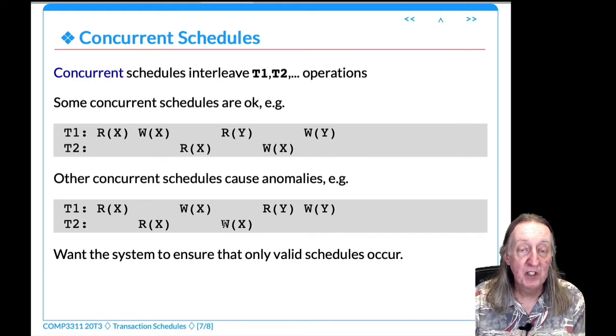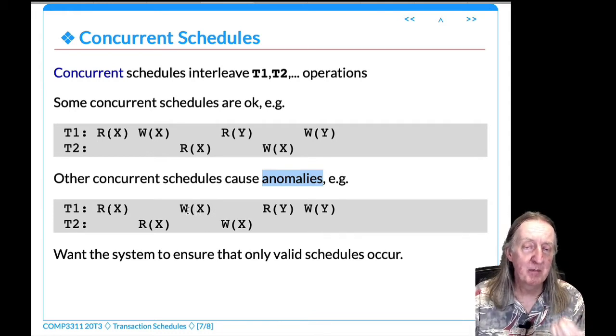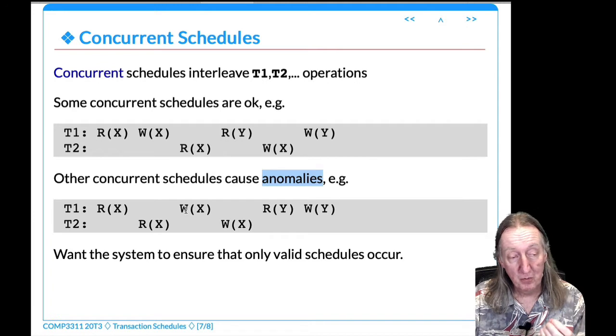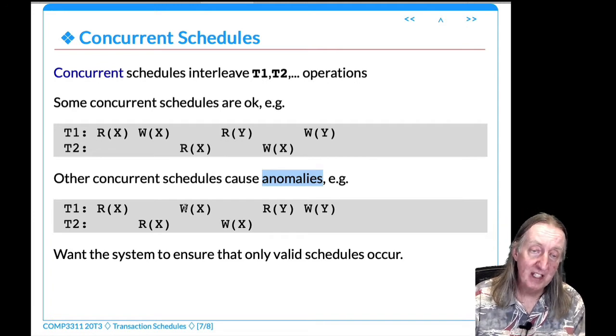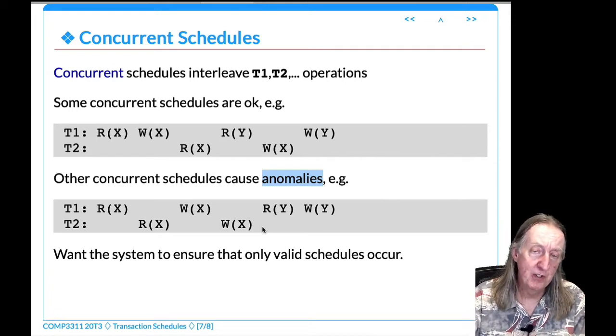However, there are orders in which we can do things that will cause problems, and they're called update anomalies. And so we end up with the system in a state that doesn't make sense relative to the original state and to the effect that was supposed to be produced by the individual transactions.